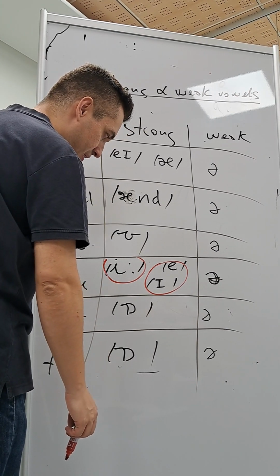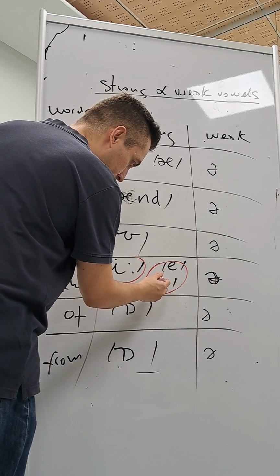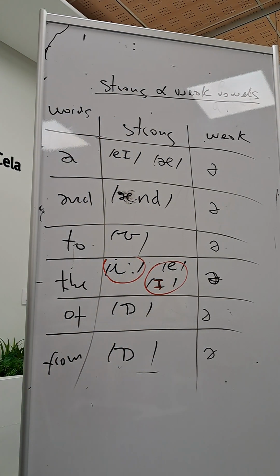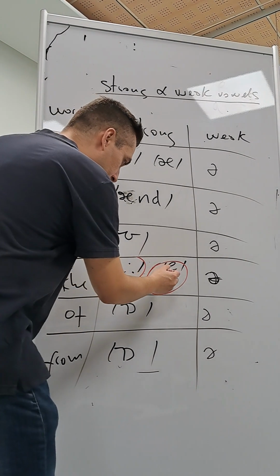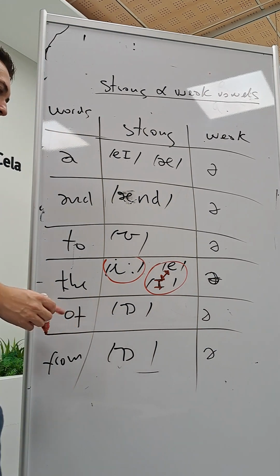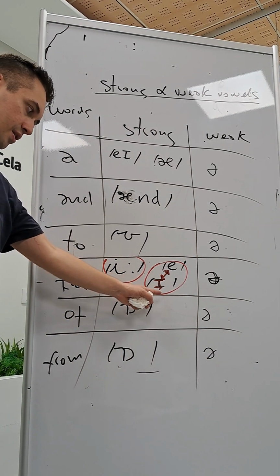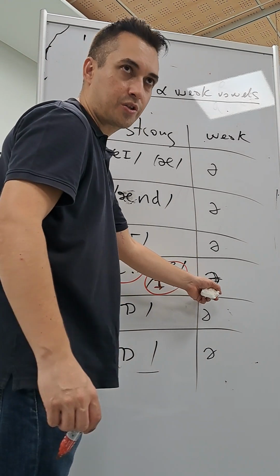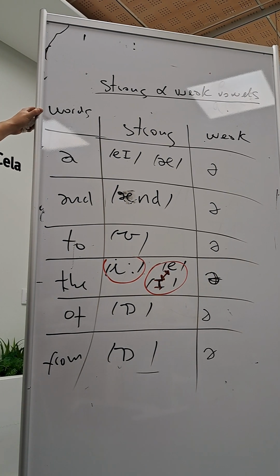Sometimes there is a very slight difference between the two. Depending on the speaker, they can move to one end of the spectrum or the other. I would say the most normative one is this one, and the most common one is this one. All right. Shall we continue?